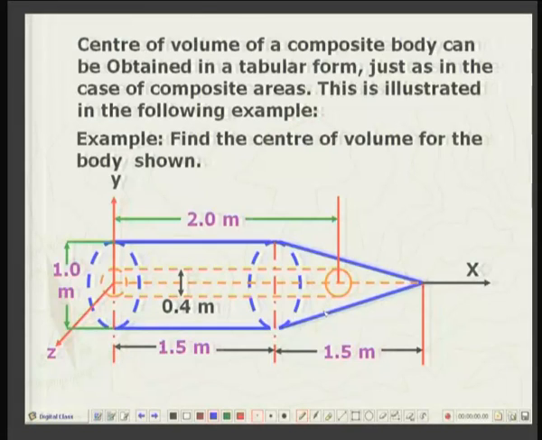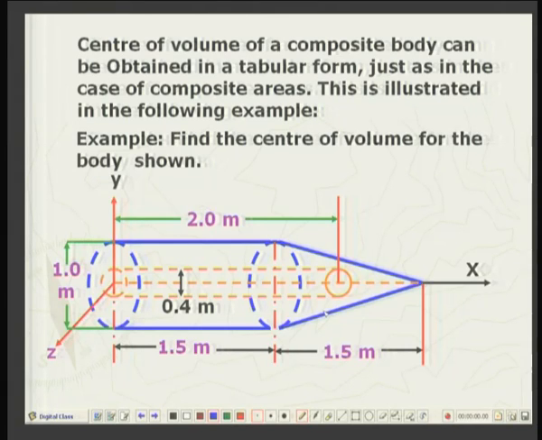Let us consider an example to obtain the center of volume for this three-dimensional figure, which consists of a cylindrical part, a conical part, and a cylindrical cavity that has been drilled out of it. Again it's an example of a composite volume.